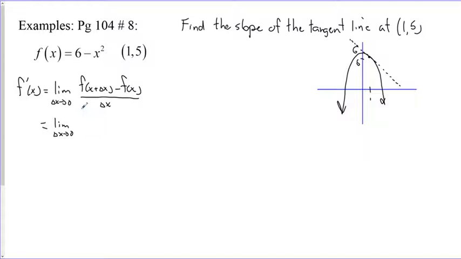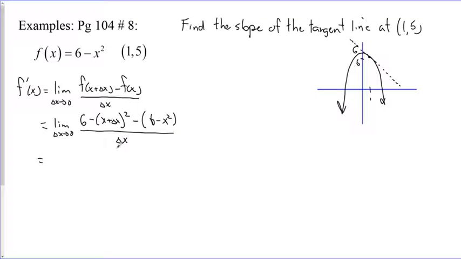It's going to be 6 minus quantity x plus delta x squared minus, now f of x again, quantity 6 minus x squared, all over delta x. All right. Now let's simplify.